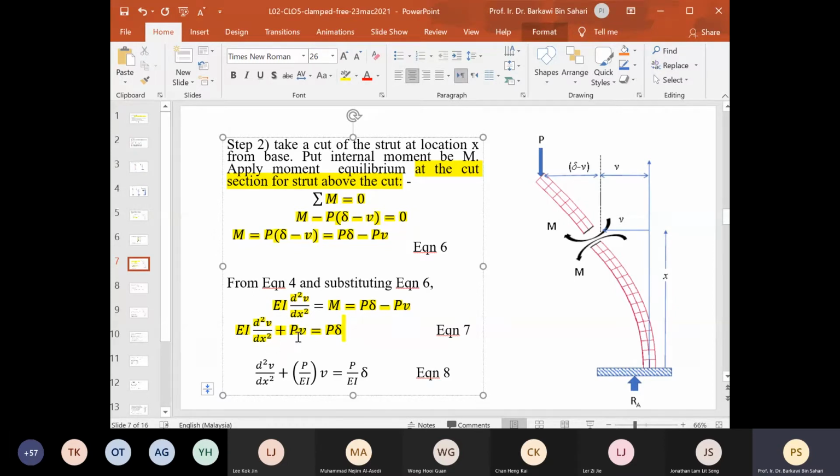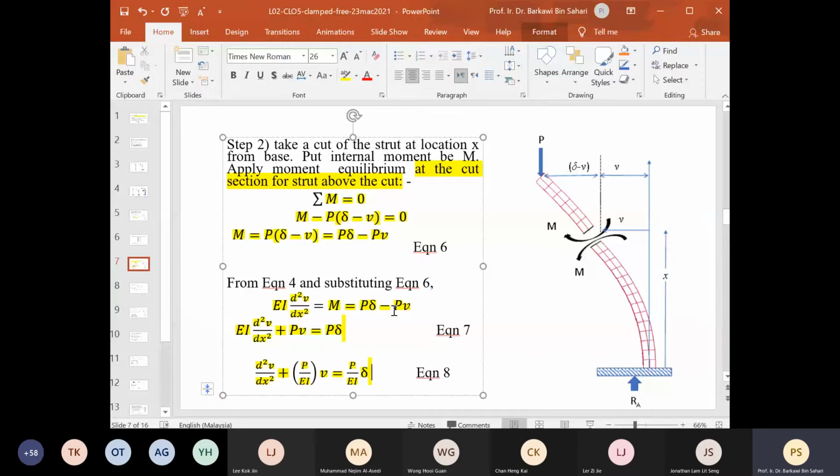And we divide all terms by EI, we get d2V dx square plus P over EI multiplied by V equal to P over EI delta. So this is the equation that we need to solve.